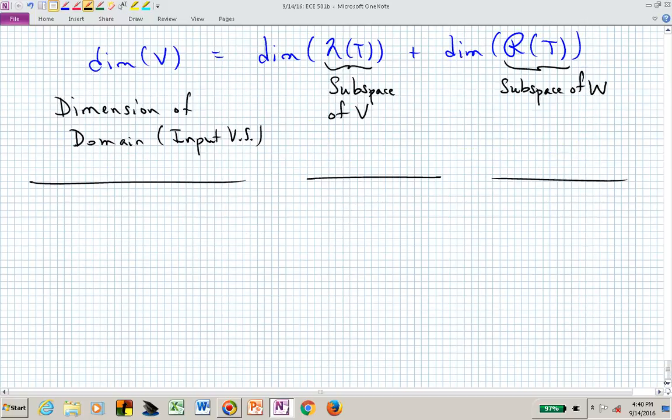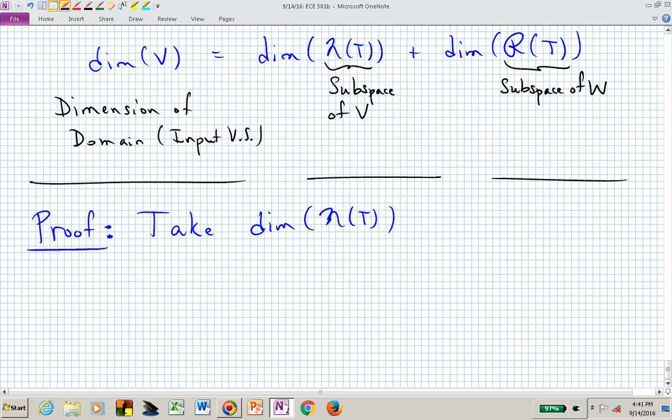Let's show this to be true, or that it holds, since we now have some tools to use. Let's just assume we know the dimension of our null space. Let's take the dimension of our null space of T, let's just let it equal m.